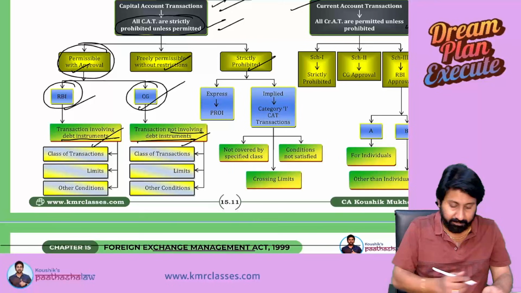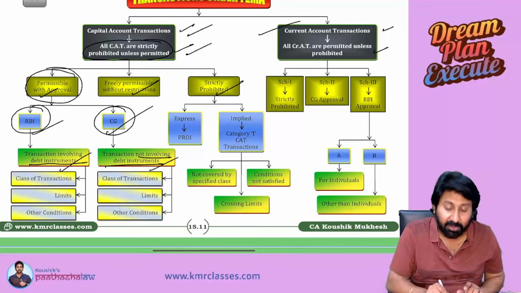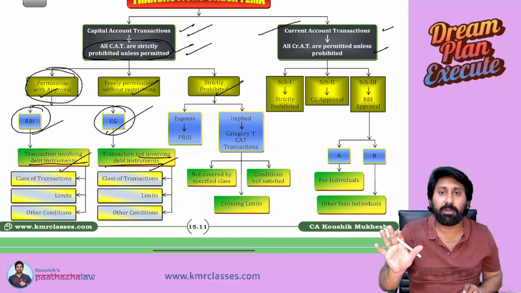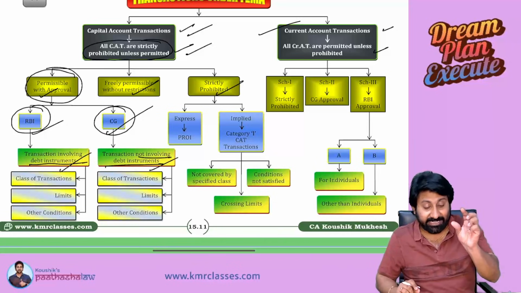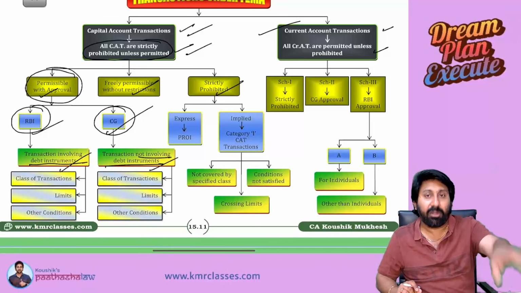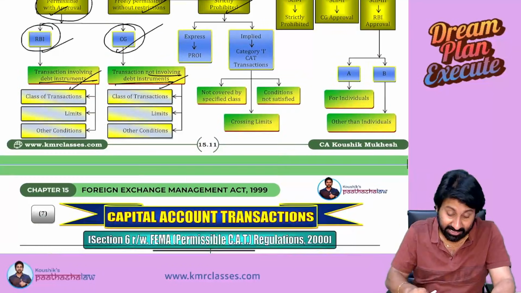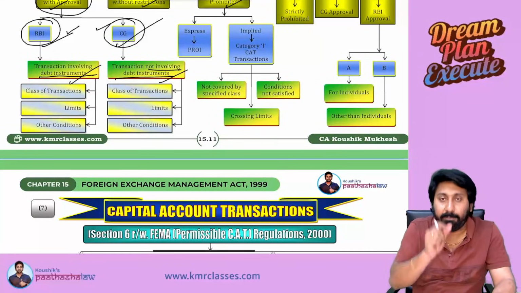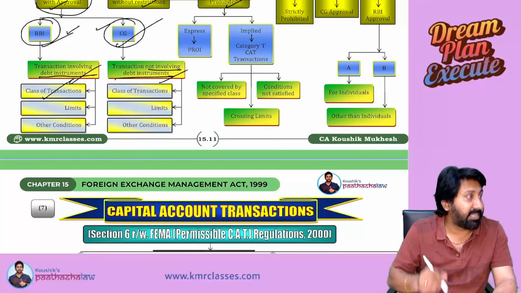So, class, now listen carefully. What I said, capital account transaction means all transactions are strictly prohibited unless permitted. Means I will tell clearly these are permitted, only those are permitted. So who will tell these are permitted? That's why, see here, both RBI and Central Government, depending on the type of instrument, will define what class of transactions are allowed.